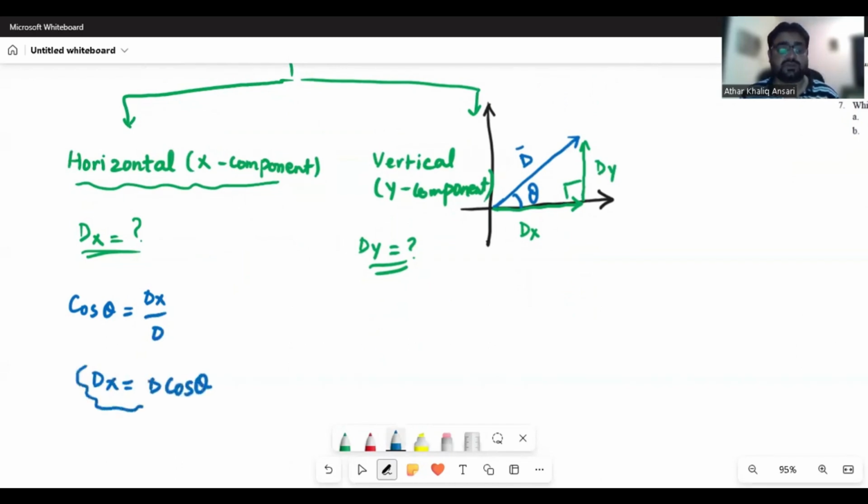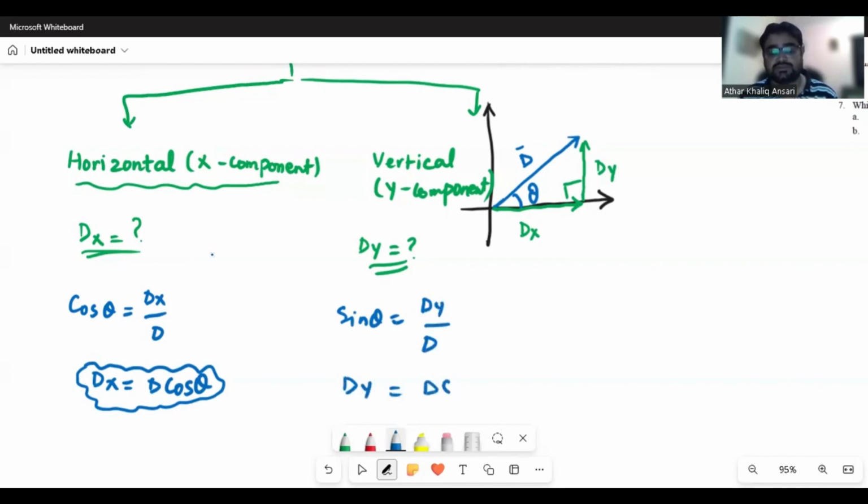Similarly, if we have to find dy, we will use d sine theta. Sine theta is dy, the opposite, over hypotenuse. So dy will become d times sine theta.